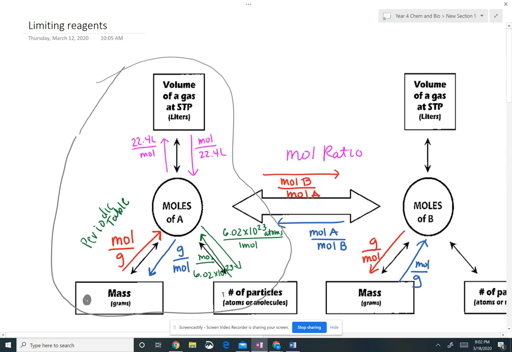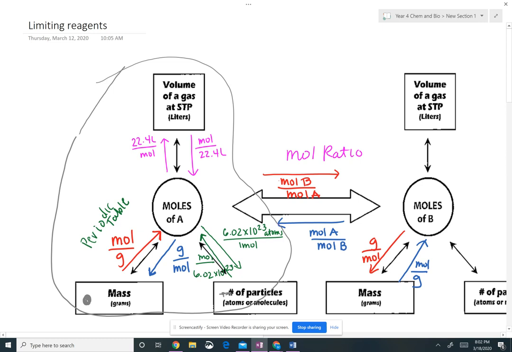For example, for this one, they're asking you to start at particles, and then from particles figure out how to get to liters, how to get to mass, and all of that. Those are the things they ask you.